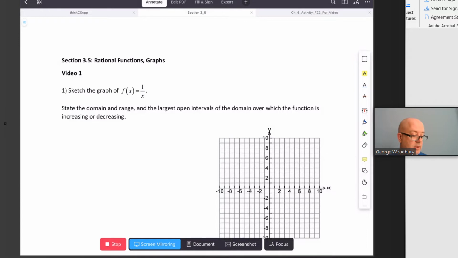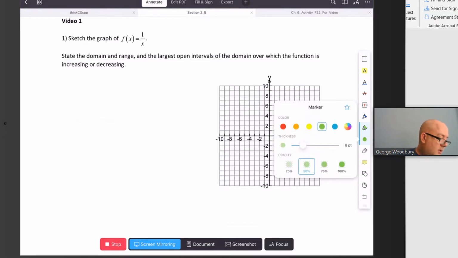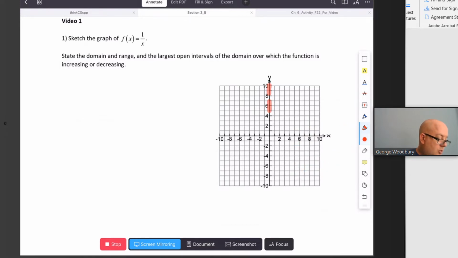So first, the graph 1 over x has a vertical asymptote on the y-axis. So I'm going to use a highlighter to show that.